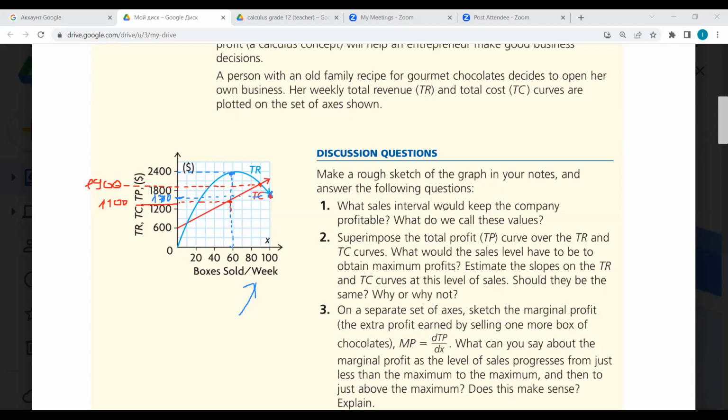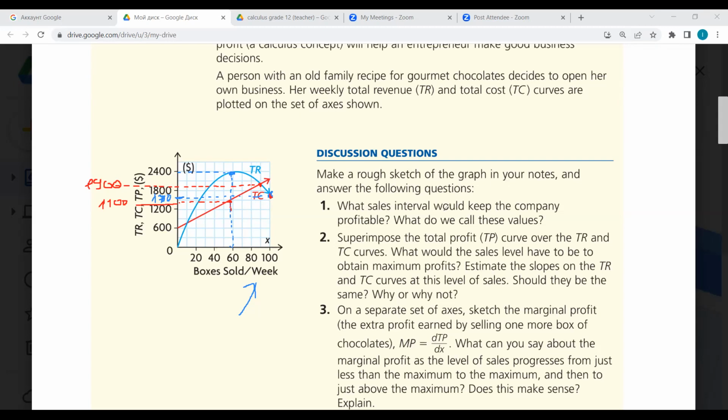So now let's take a look at the questions. We analyzed this graph. We saw this interesting dependence here, right? The more boxes you sell, the greater the total cost of your production. But after a certain moment, you are not earning more.